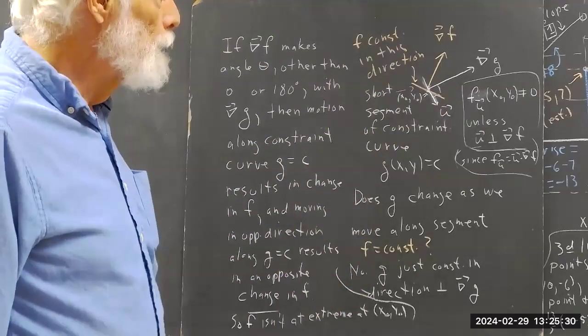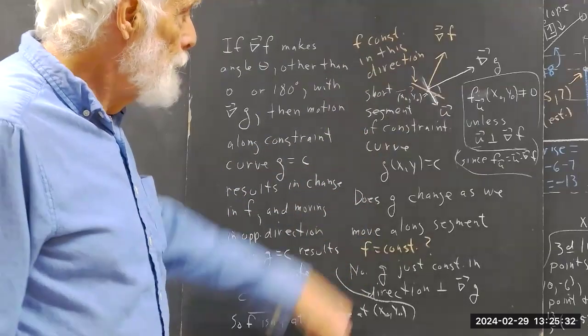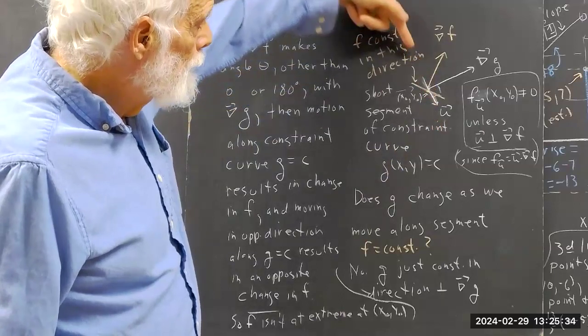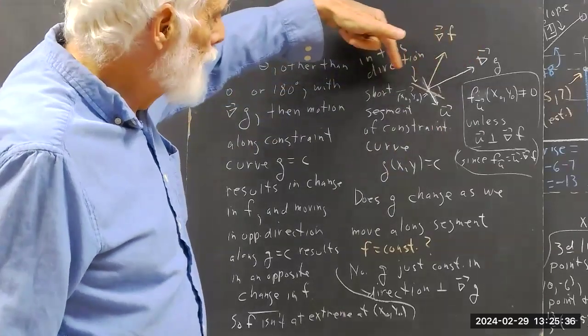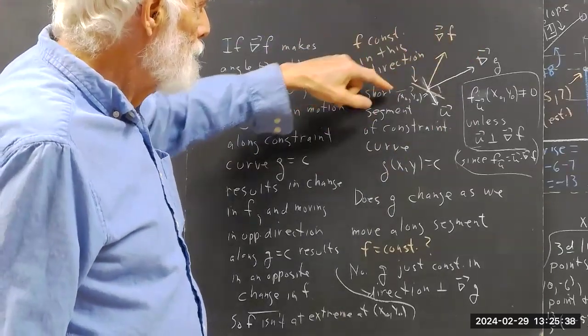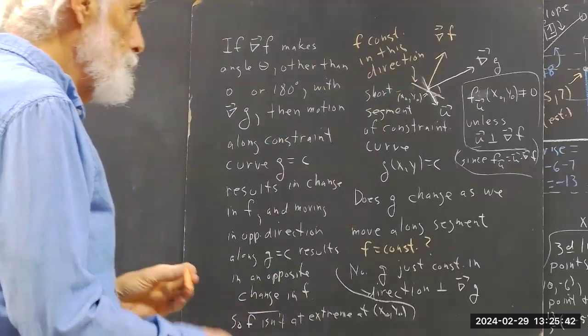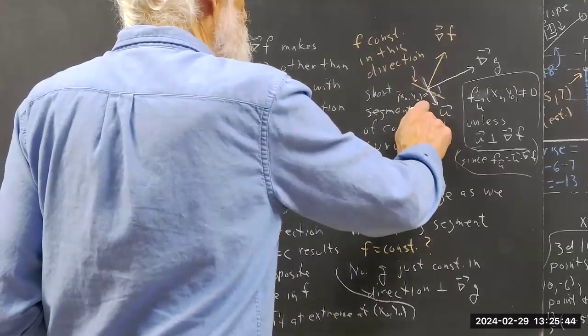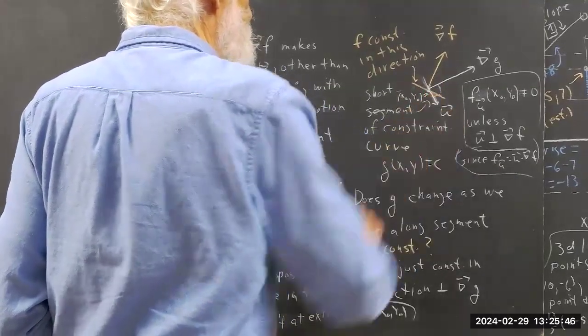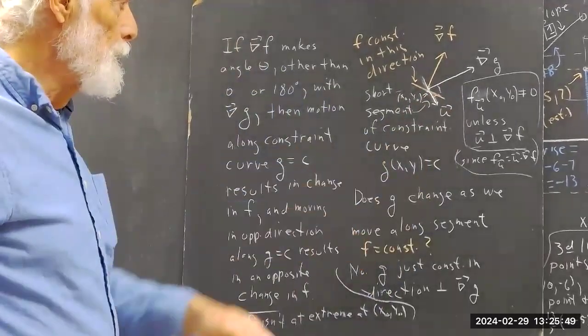Del G and del F are not parallel, and any motion in the direction of the G equals constant curve, the white segment, is a short segment of the curve g of x, y equals c.